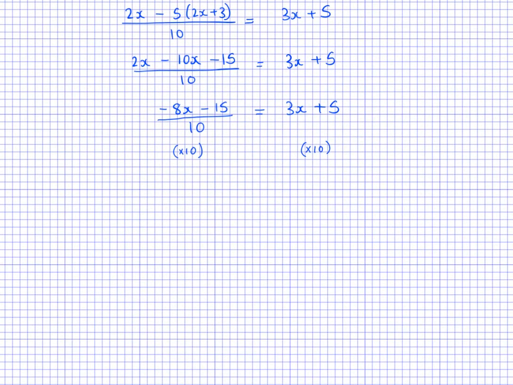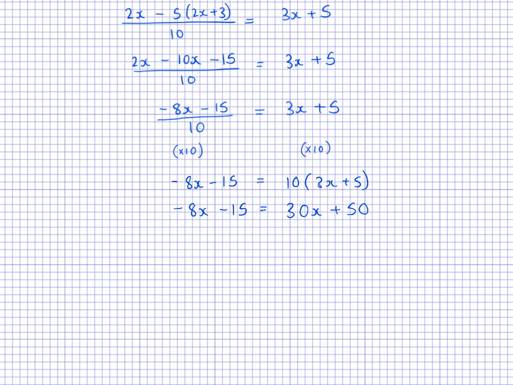On the left side, what happens is I'm left with negative 8x take away 15. And on this side, I will have 10 times 3x add 5. Now I can expand the right-hand side. So this is going to be 30x add 50. And on the left side, I'll have negative 8x take away 15.